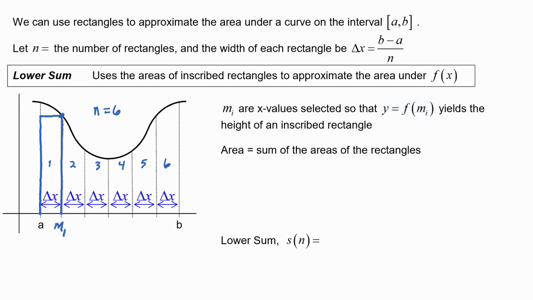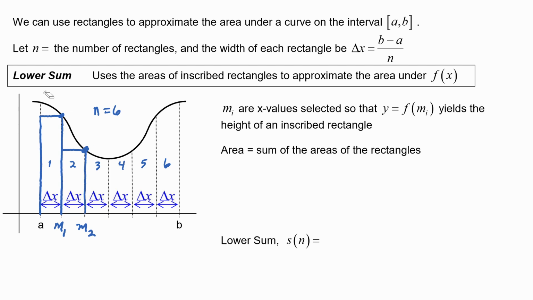Now in region 2, we have to pick this x value right here for m2 so that the height of the rectangle becomes f of m2, and then this would be the area under the curve. Now these are inscribed rectangles because they live completely inside the curve. There's no part of the rectangle that goes beyond the curve.